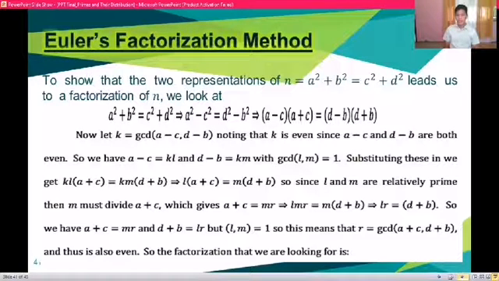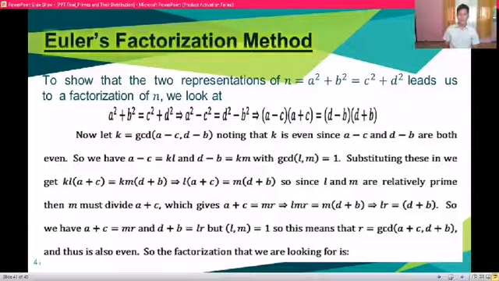Okay? Since l and m are relatively prime, because their greatest common divisor is equal to 1, we can say that they are relatively prime when their GCD is equal to 1.